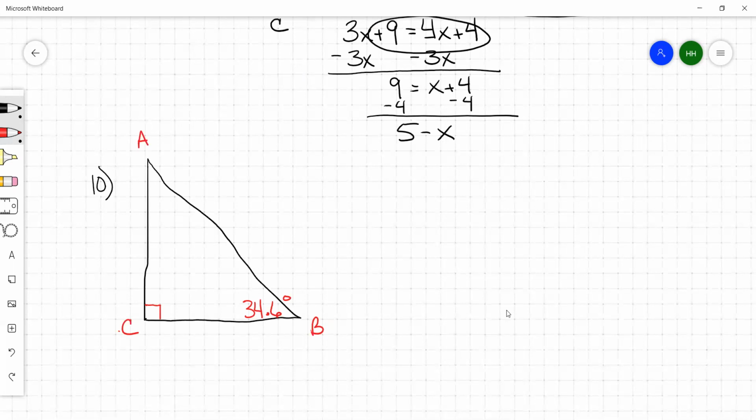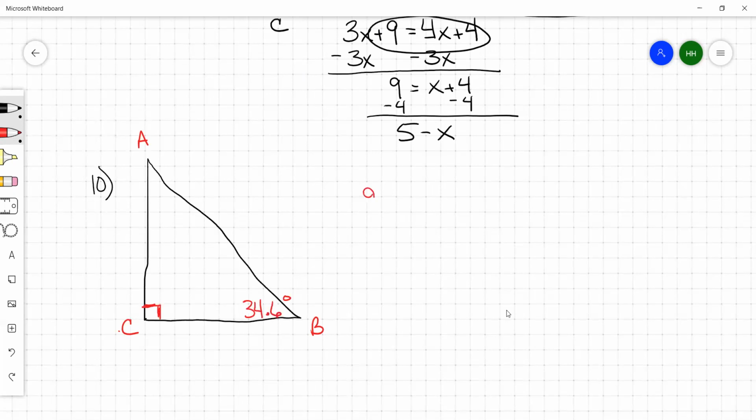All three of them need to add up to 180. The two acute ones have to add up to 90 because this angle is already 90. Make sense? If you take 180 and you subtract the 90 that's in every right triangle, the other two angles have to equal 90 degrees. They got to sum 90 degrees.